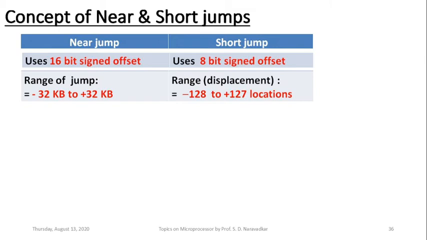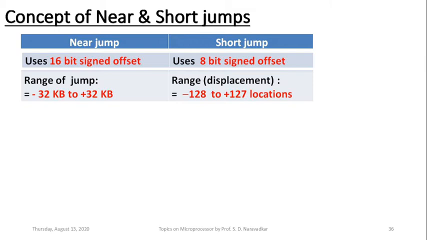Whereas in case of a short jump, it uses an effective 8 bits of signed offset. That's why the range or displacement will be from minus 128 to plus 127 bytes.